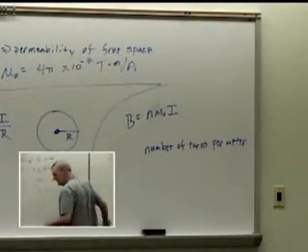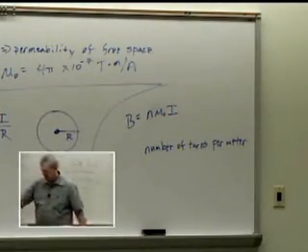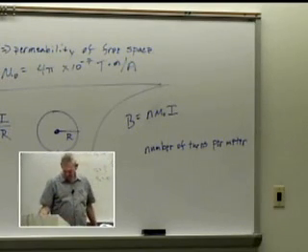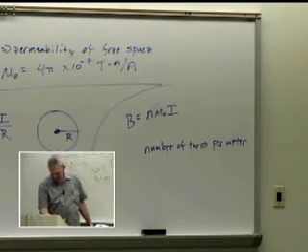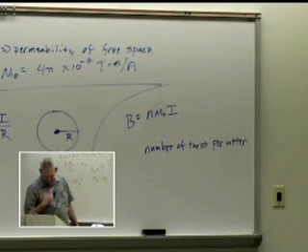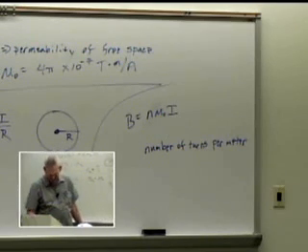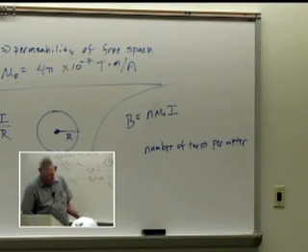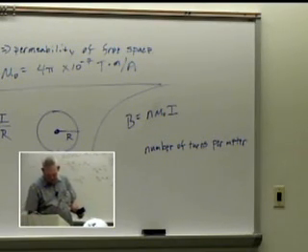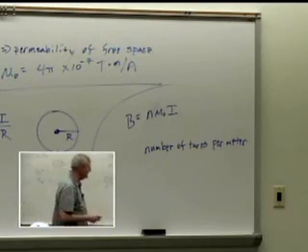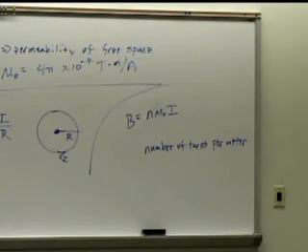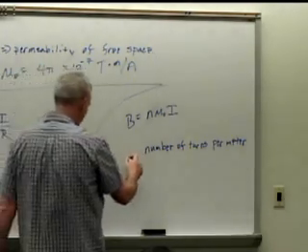So, let's take a look at problem 48. Problem 48 says this. The magnetic field produced by the solenoid in an MRI system designed for measurements on the whole human body has a field of 7 Teslas. So, let's do the solenoid thing.